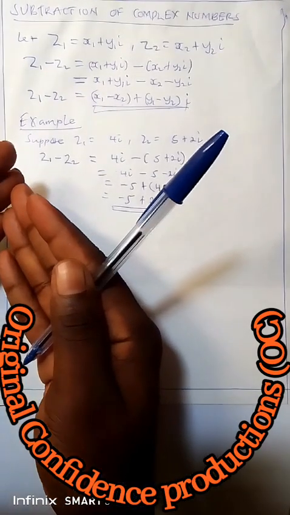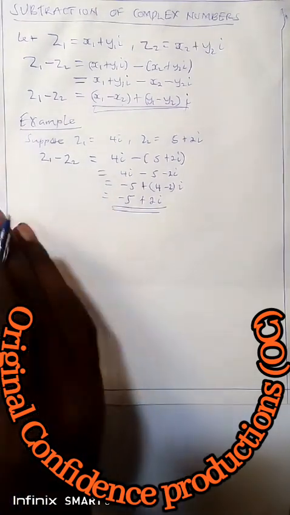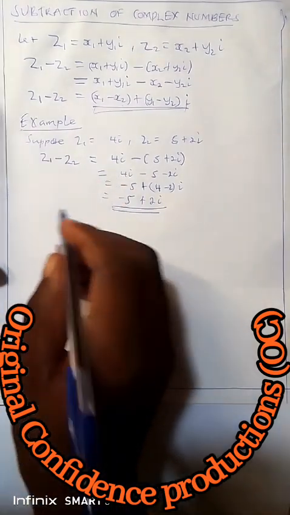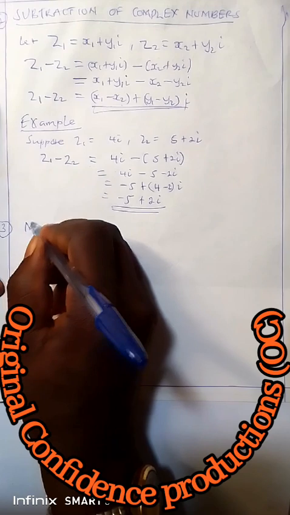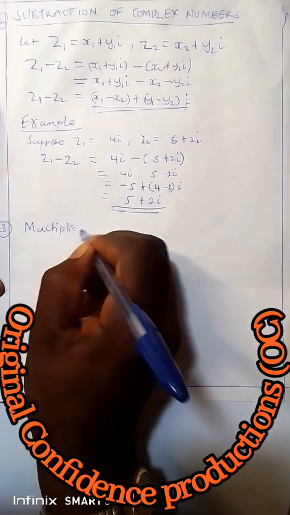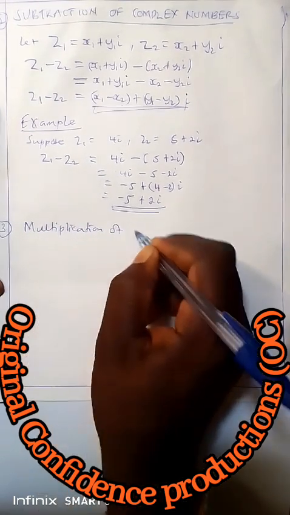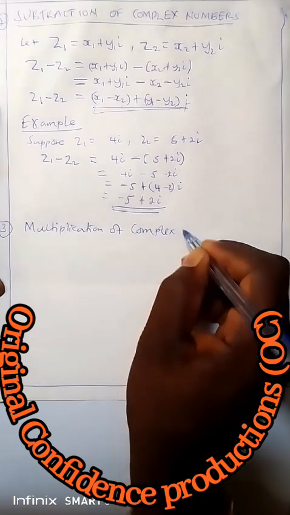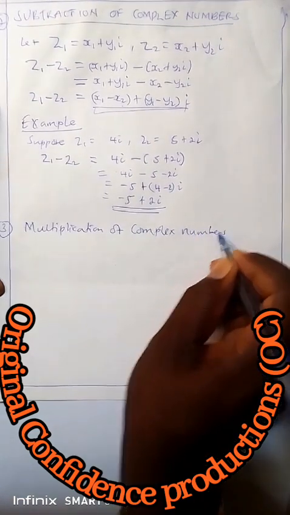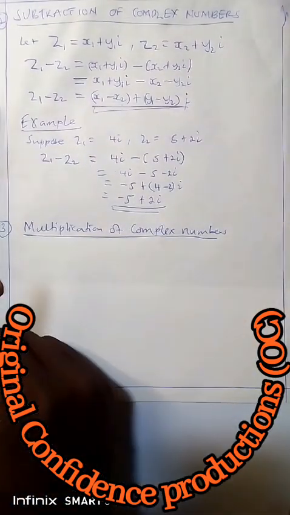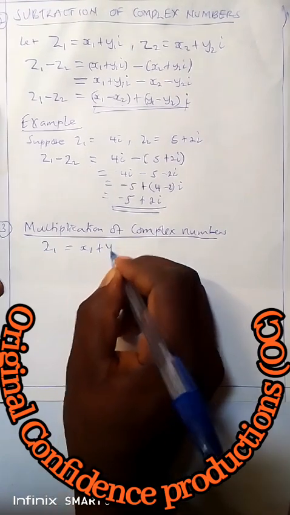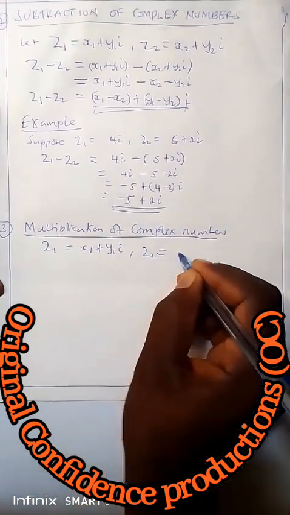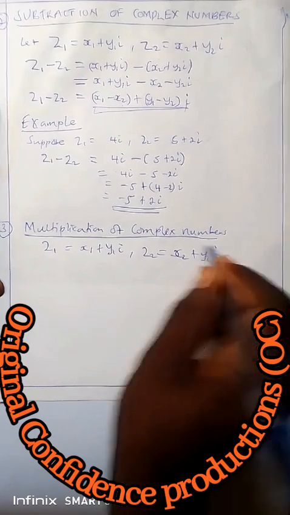This is subtraction. This is our number 2. We had number 1. So number 3, we can look at the multiplication of complex numbers. When we talk about multiplication of complex numbers, we shall consider z1 to be equal to x1 plus y1i, then z2 to be equal to x2 plus y2i.